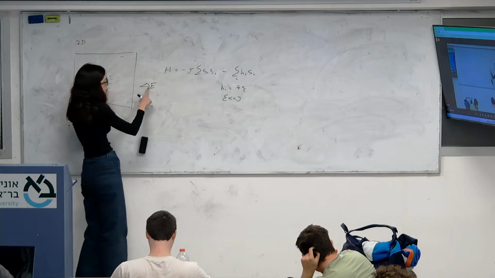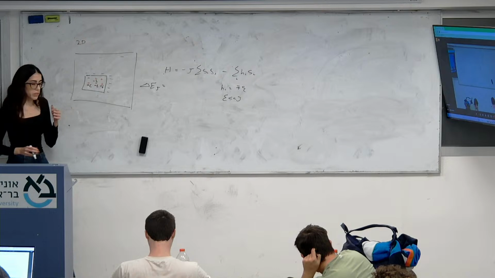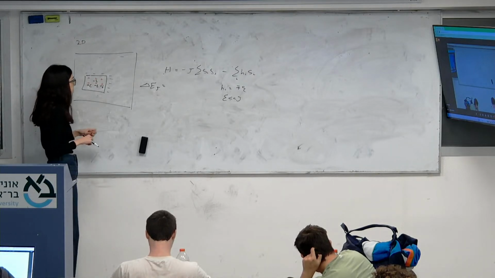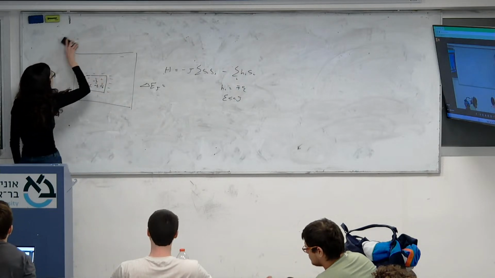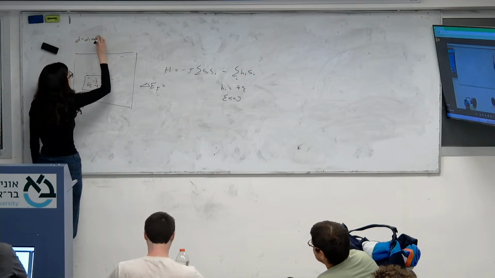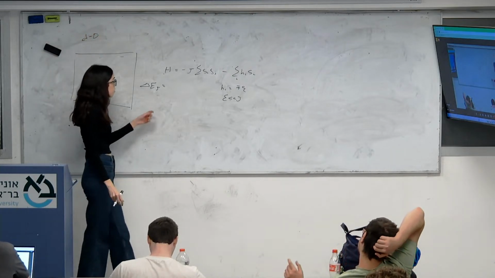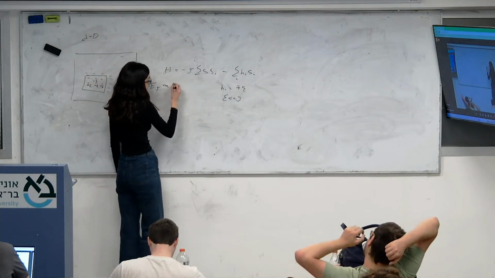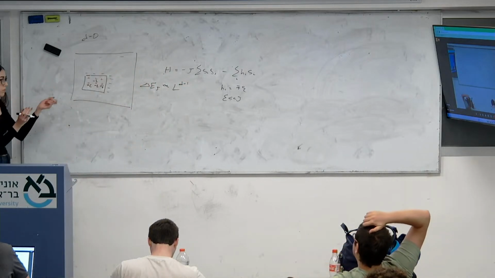So you have the difference in the energy as a result of the coupling. We saw that for 2 dimensions, but let's change it to a general dimension D. In a general dimension D, this is going to be proportional to L^(D-1), because it's proportional to the surface of this area.